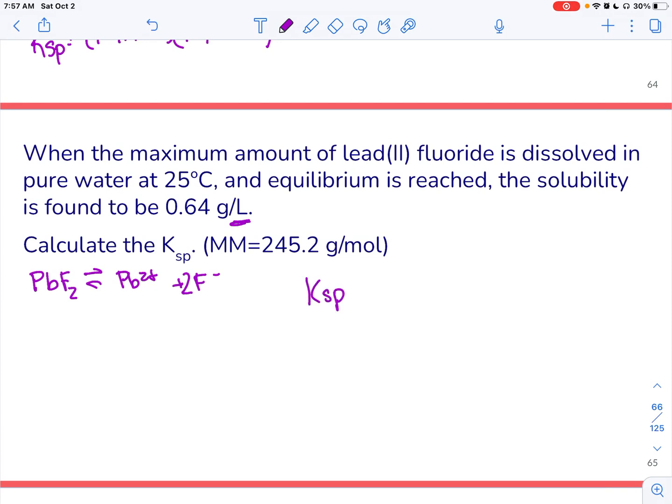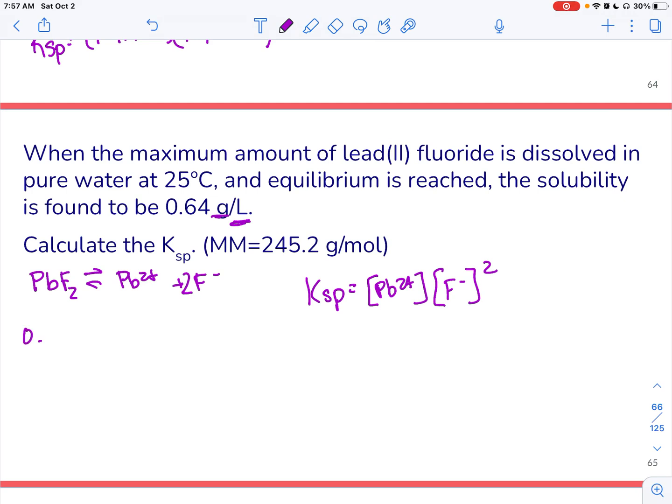So now our Ksp is going to be the lead 2 ion, F minus ion squared. So we're going to do the same thing that we did before, where we convert our grams to moles of PbF2, then we'll have the molarity, and we can use that in our expression.